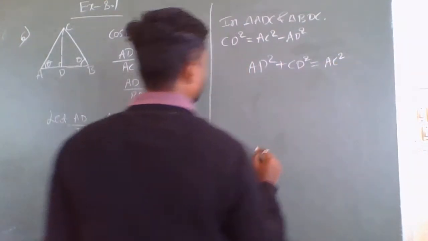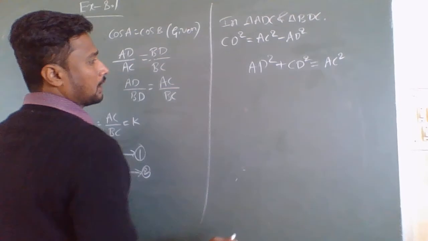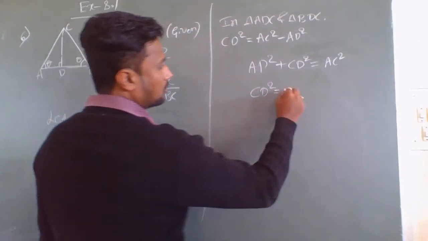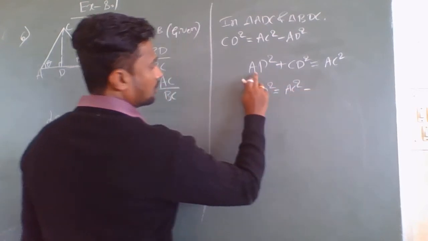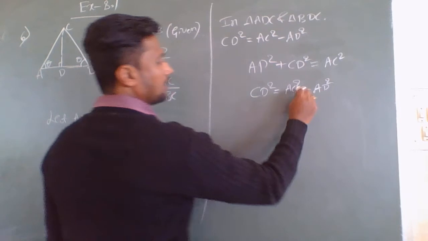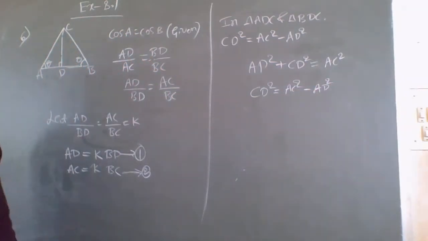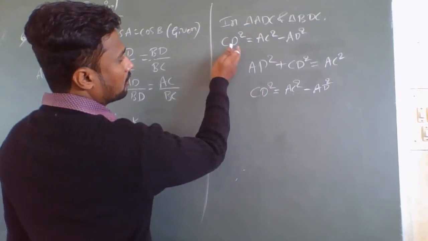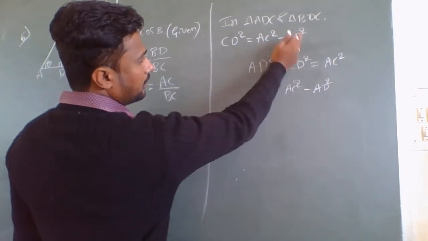Now we are calculating CD square, so CD square equals AC square minus AD square, because I move AD square to the right hand side. So here I have written directly CD square equals AC square minus AD square.